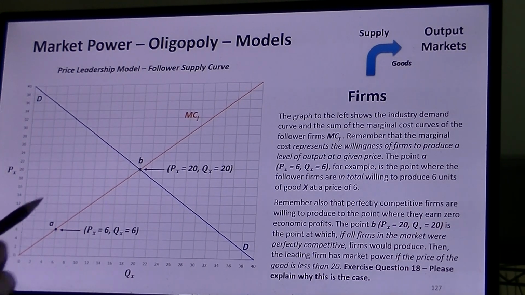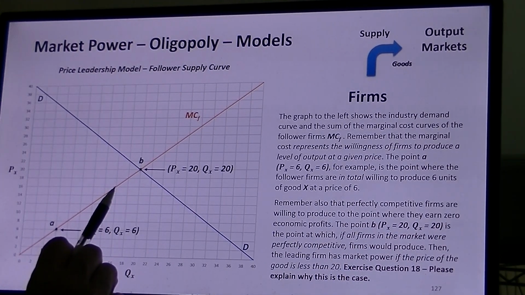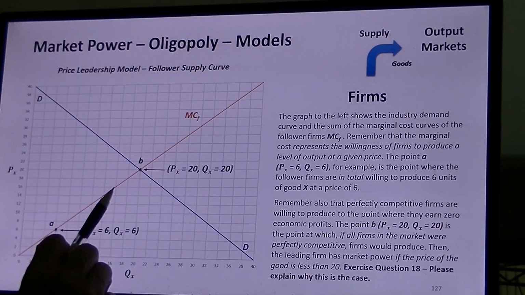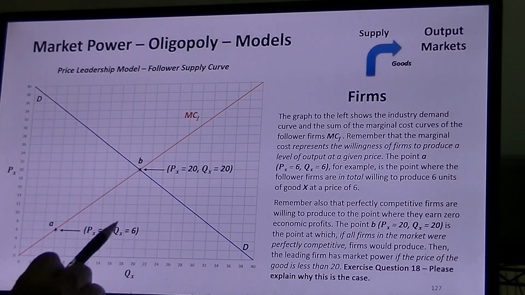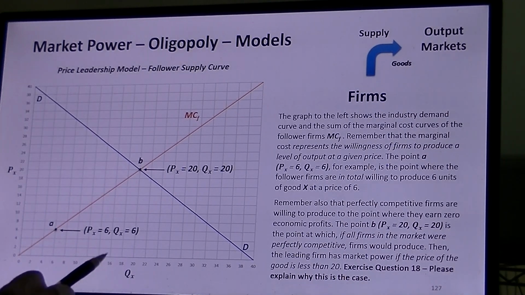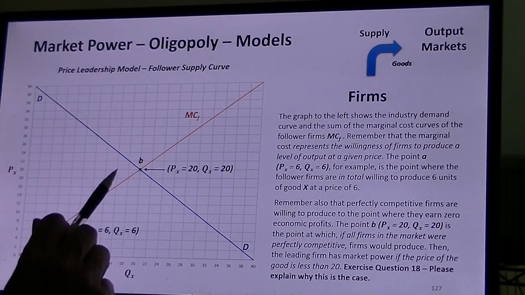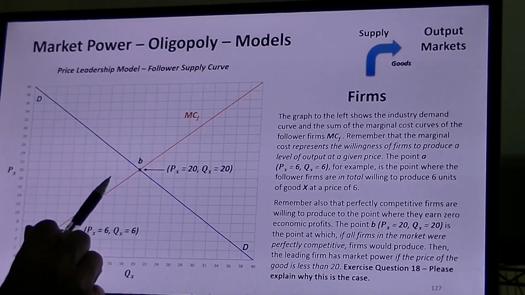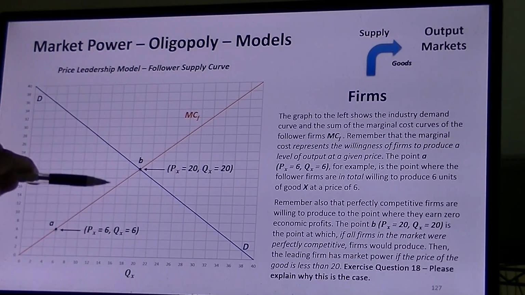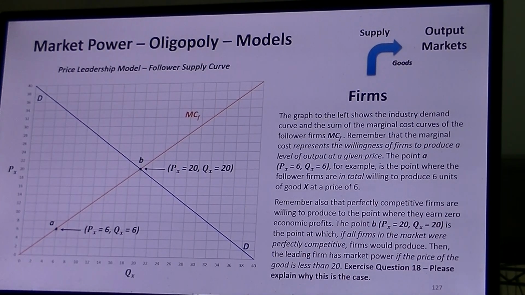Let's say the leading firm sets a price of 16. If they set a price of 16, the follower firms are willing to produce 16 units of the good at a price of 16. Then the total market demand is 24. So 24 minus 16 is 8. So now the leading firm would have market power over 8 units.